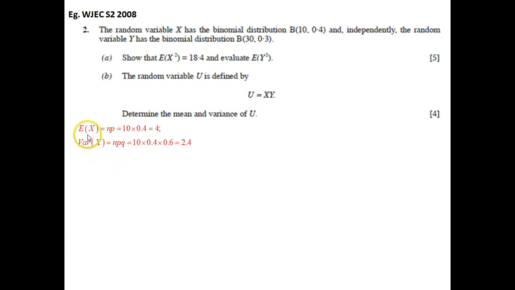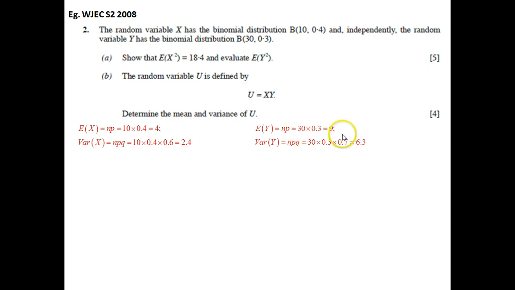So for x, we have the mean being np, which is 4, and the variance is npq, which is n times p times 1 minus p, which is 2.4. Binomially, we're given n and p, so we need to work out the mean and the variance of x and for y separately first.